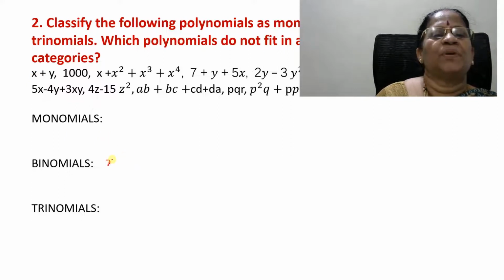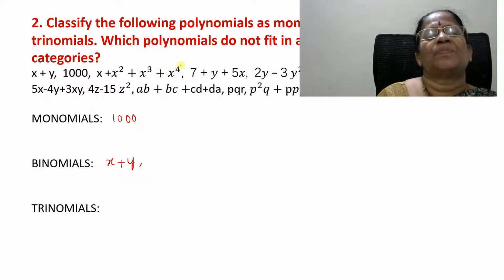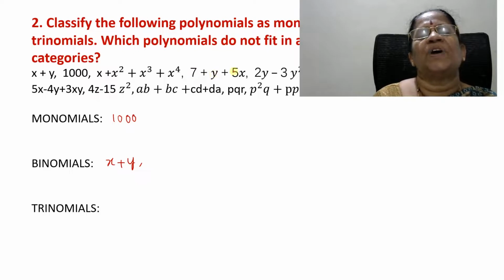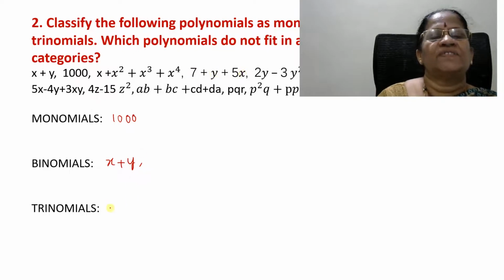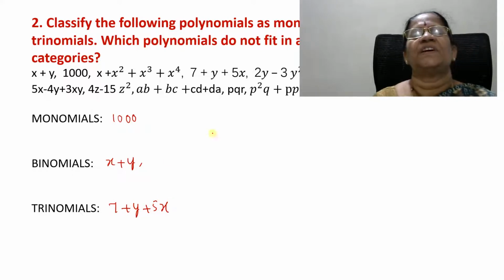So it is a binomial. 1000 comes under monomial. x plus x square plus x cube plus x to the power 4: this is having four terms, which will not fit in any of these three categories. So don't write. 7 plus y plus 5x is a trinomial.